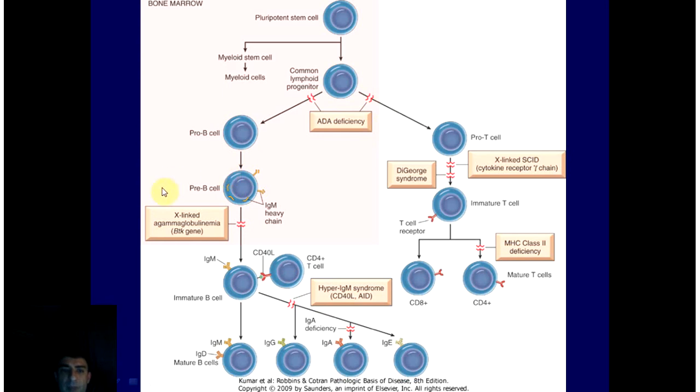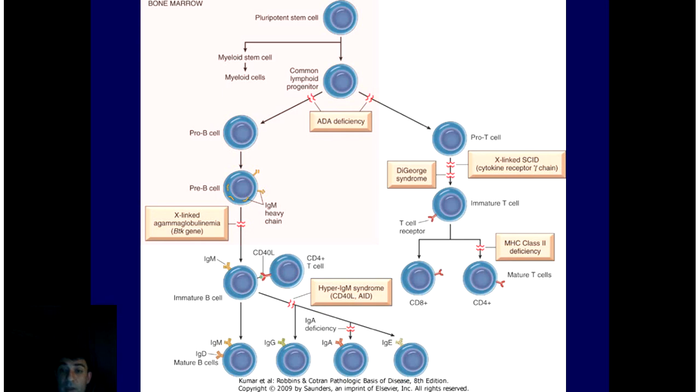For the B subsystem, most commonly we talk about X-linked agammaglobulinemia, where we have a problem in the Bruton's tyrosine kinase gene, which results in impairment in maturation. The problem in DiGeorge syndrome, as well as in severe combined immune deficiency, affects much more the T cell subsystem.